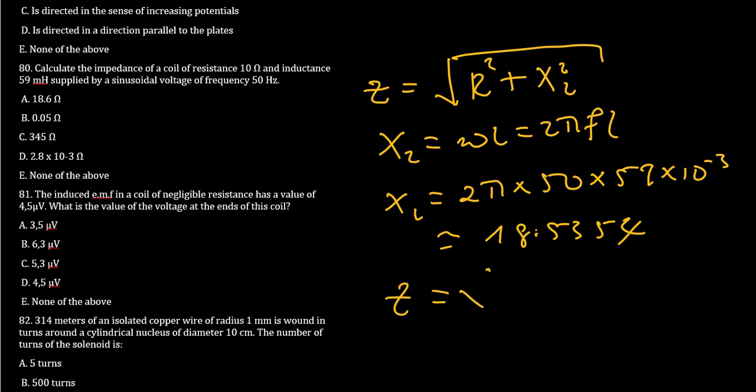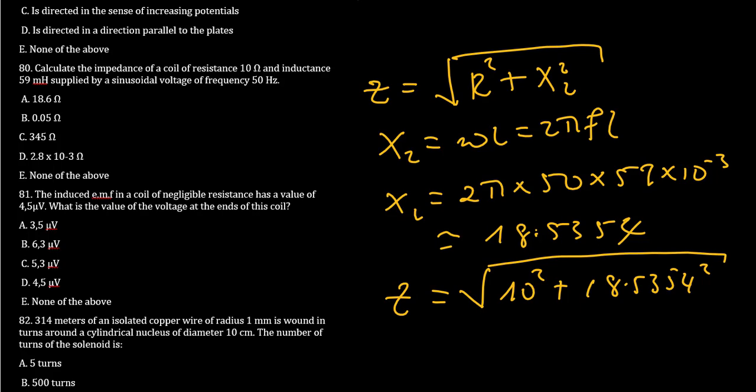So the impedance will be the square root of 10 squared plus 18.5354 squared, all of that in the square root. So numerical application will yield 21.06 ohms. So there is no answer. None of the above is correct.